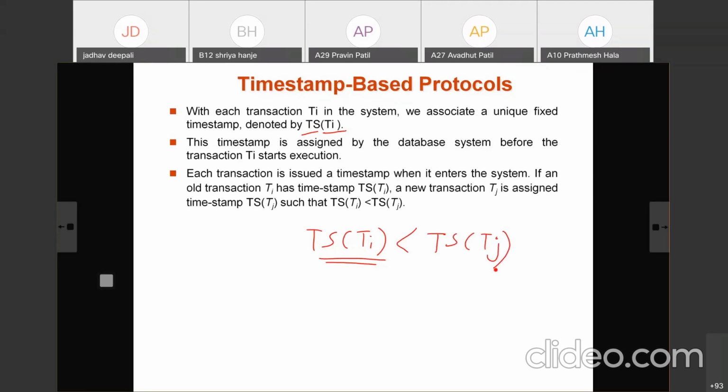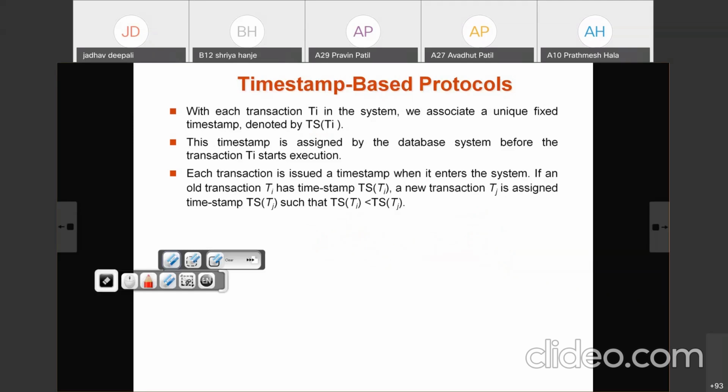Each transaction is given a timestamp when it enters the system. If a transaction TI has timestamp TS(TI) and a new transaction TJ enters the system, then TS(TI) is always less than TS(TJ).